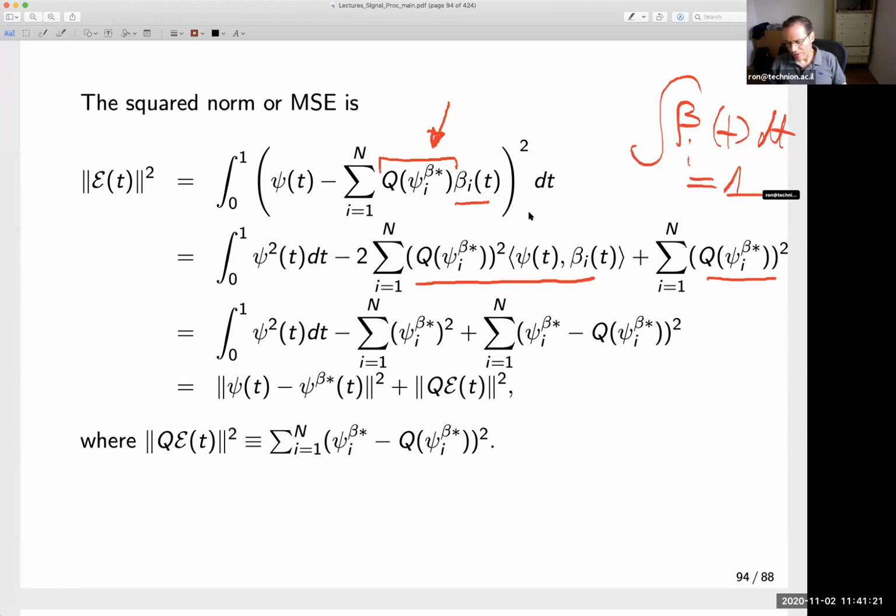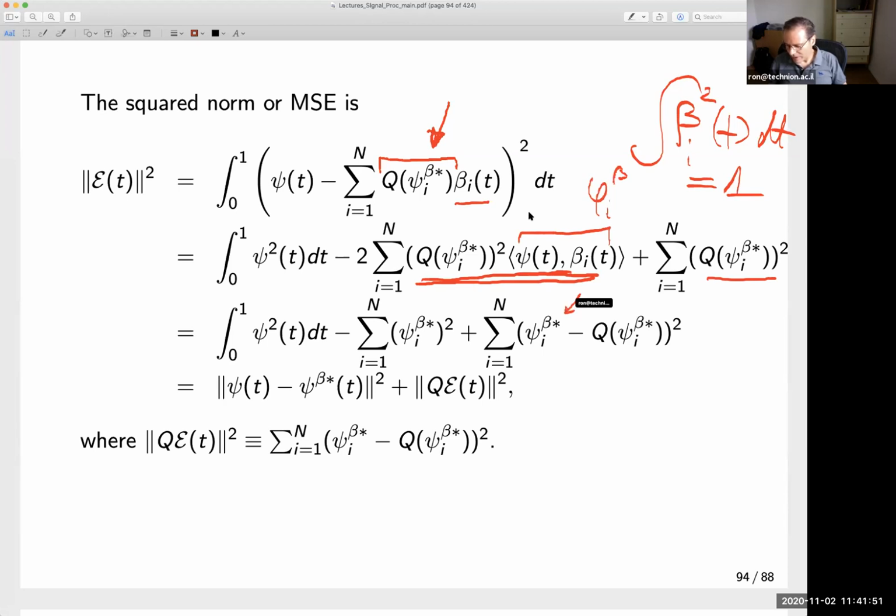Okay, so the energy of beta is equal to 1. Sorry? Beta i squared. Yeah, thank you. Beta i squared is equal to 1. And here what I'm getting is indeed the integration of beta i squared. So what we have here are the coefficients, the psi beta i's. Okay, these are these guys.